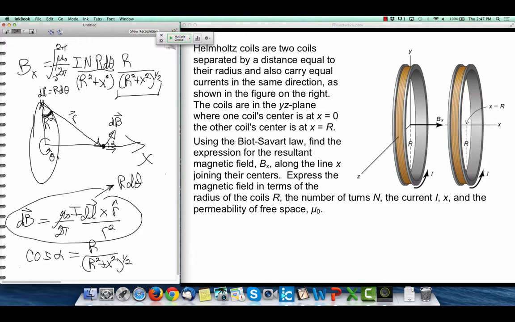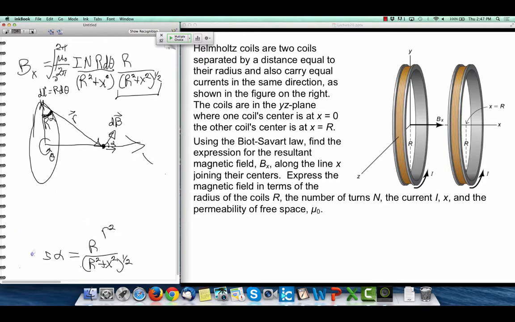So just quickly, why would you do such a thing? Well, what is B total as a function of x? Well, it drops off as x gets bigger. So B total as a function of x does something like that.